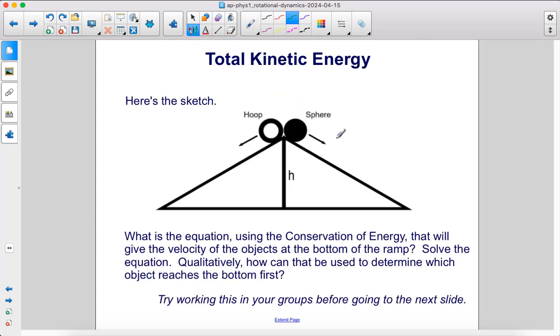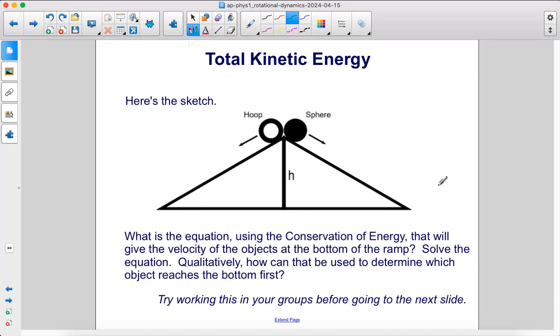Here's the sketch. What is the equation using the conservation of energy that will give the velocity of the objects at the bottom of the ramp? Solve the equation. Qualitatively, how can that be used to determine which object reaches the bottom first? Try working this in your groups before going to the next slide.